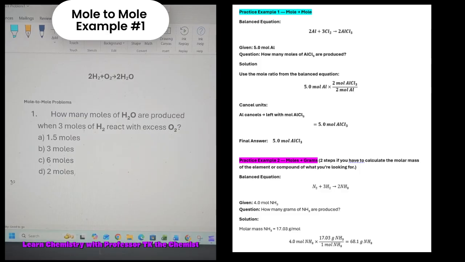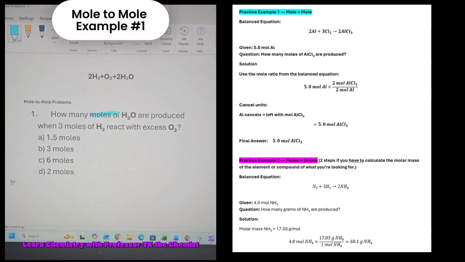It's almost like decoding a word problem. You're looking at it to determine what you need to solve it. I'm going to show you how to decode this so you will know how to do that as well.